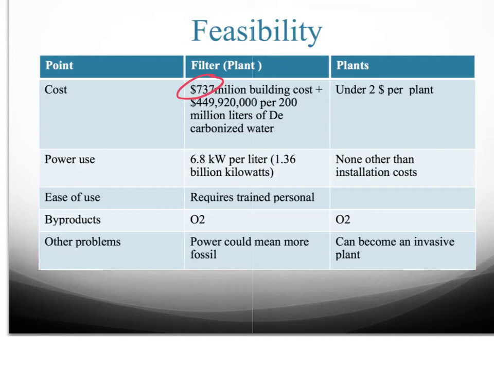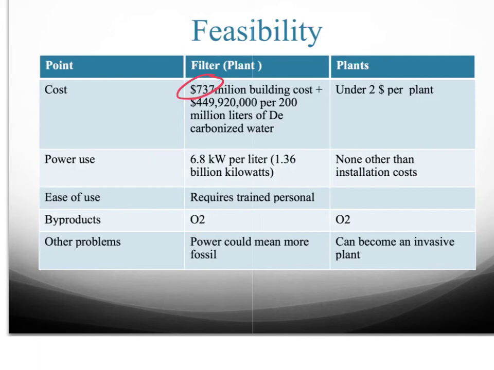And for installation costs, the only installation cost there is getting these plants on a boat and giving some people diving suits to go and plant the plants in shallow water. And this method also doesn't require especially heavily trained personnel. And also this method produces oxygen because the plants photosynthesize.